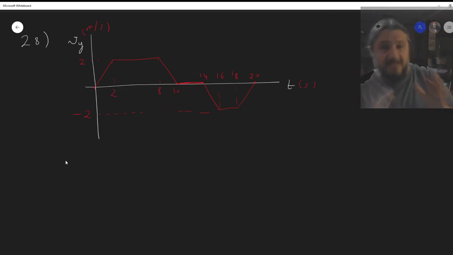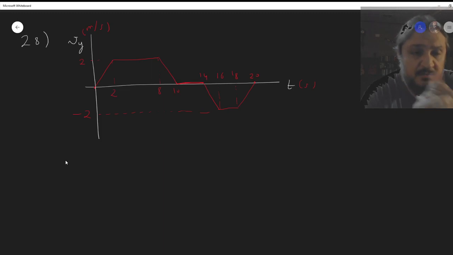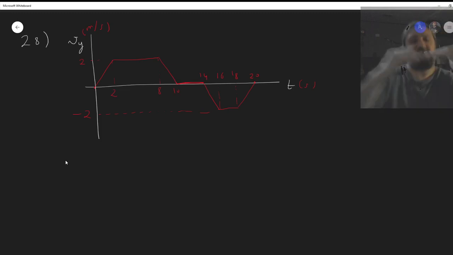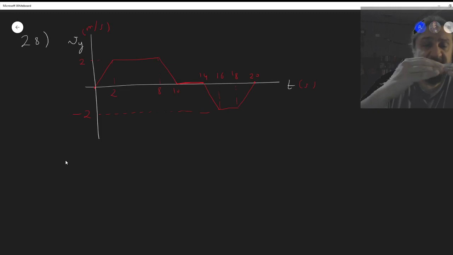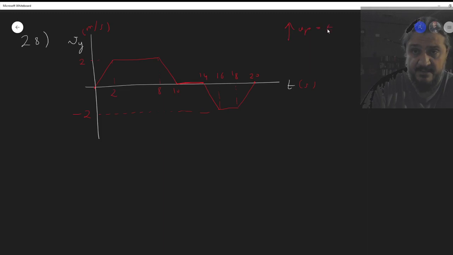Okay, so the elevator starts from rest, all right? Let's say a certain floor starts from rest, but then the velocity is positive and up is positive. That's what they say. So up is positive.